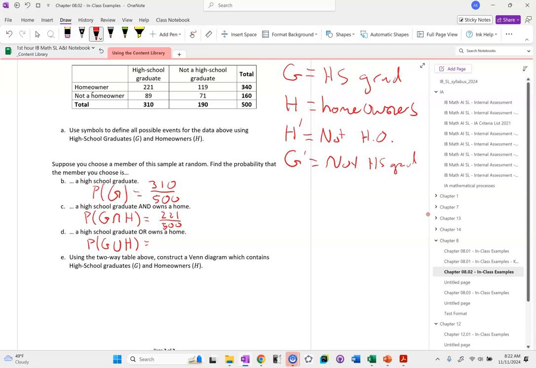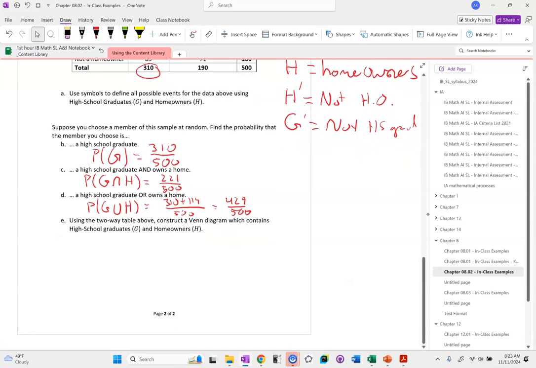High school graduate, 429 is correct. So 310 plus 119 over 500. You want all the graduates, and then all the homeowners that are not graduates. You just add those up. Yep. So 0.858.